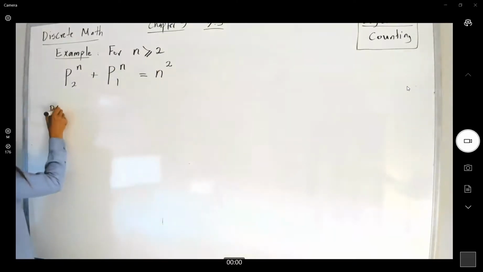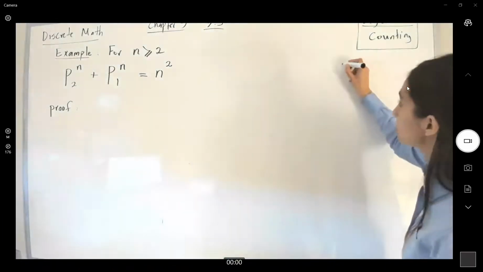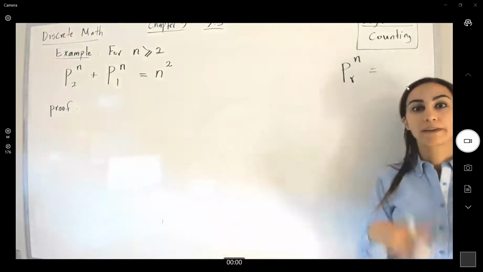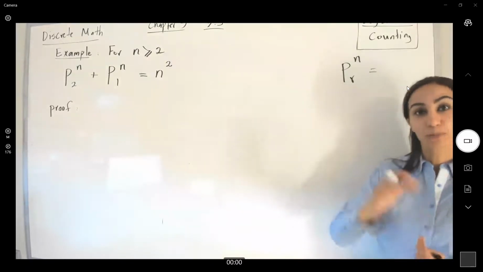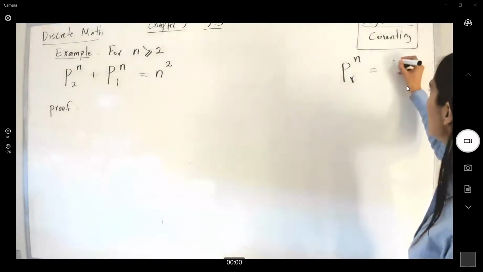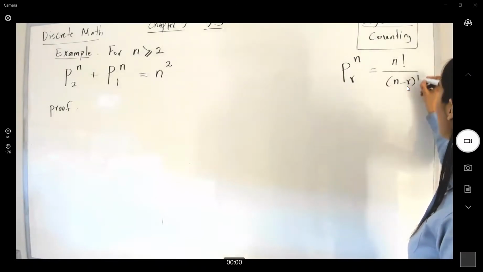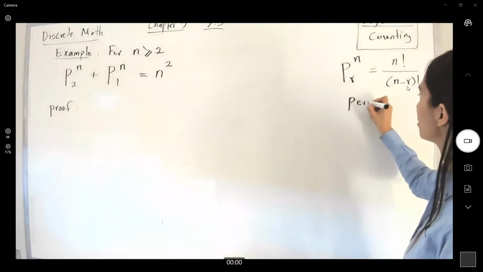Okay, perfect. How do we prove that? Prove. On the left-hand side, remember that the permutation of r objects out of n objects, or the arrangement, when you take r objects out of n objects and you put them in order, follows the formula n factorial divided by n minus r factorial. This is the formula for permutation or arrangements.